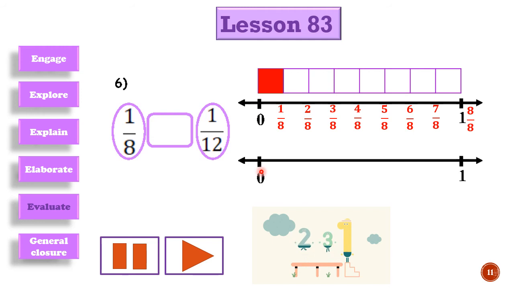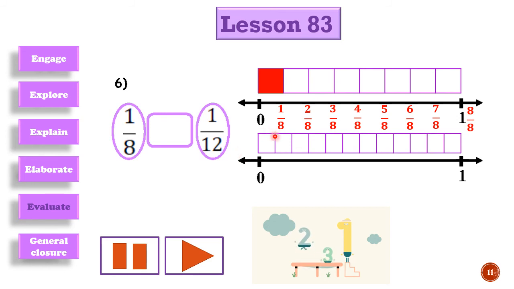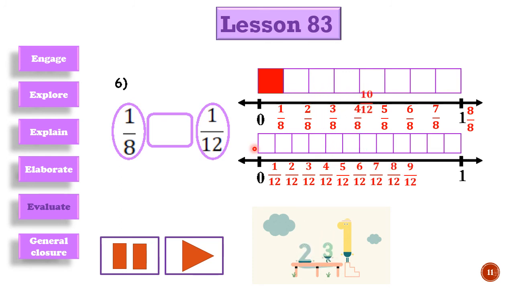It will be divide this number line into 12 equal parts from our fraction strip and write down fractions: 1/12, 2/12, 3/12, 4/12, 5/12, 6/12, 7/12, 8/12, 9/12, 10/12, 11/12, and the whole one will be, yes, 12/12.